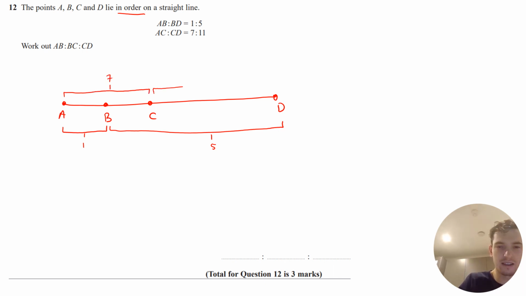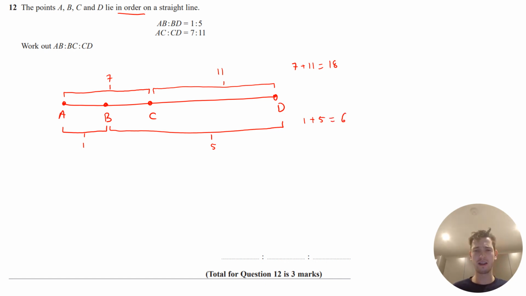And C to D is 11. Now, what do I notice here? Well, I notice that if I look at the total from A to D, at the top, the total is 7 plus 11, which is 18. And at the bottom, the total is 6.